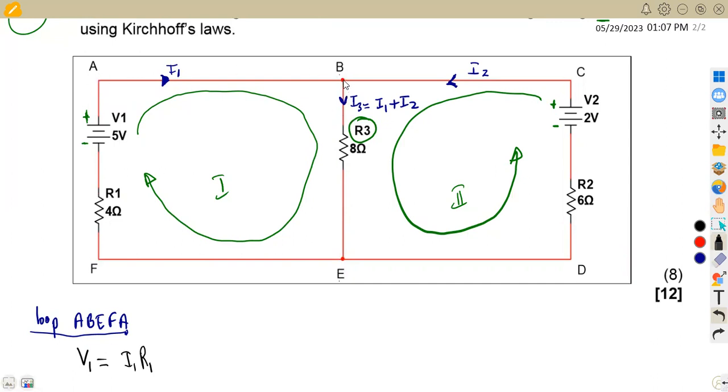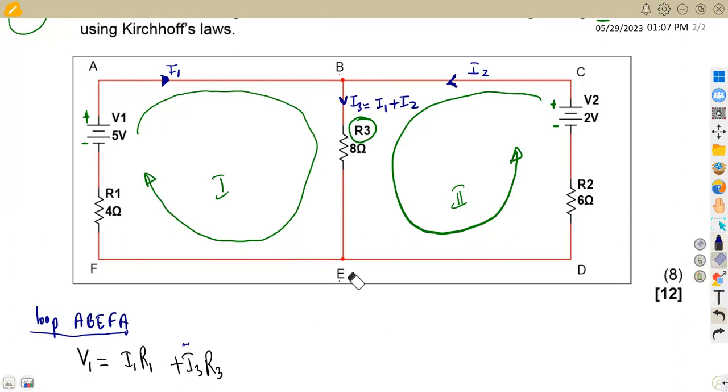Then if you check the branch from B to E, there is another current flowing there, which is current 3, and there is a resistor there, which is R3. So this is going to be current I3 times resistor R3. But remembering that this I3, we talked about, is equal to I1 plus I2 already.